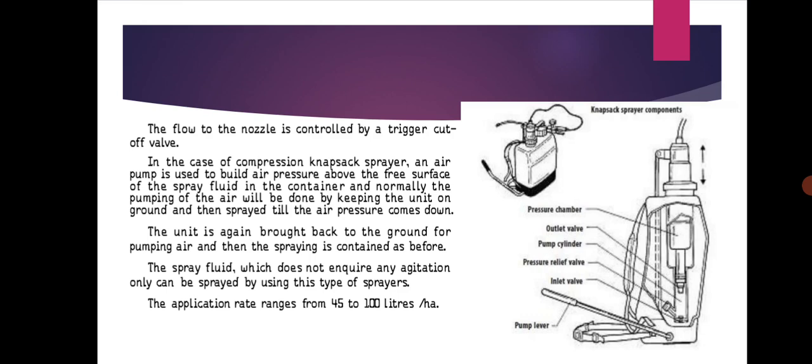The unit is again brought back to the ground for pumping air, and then the spraying is continued as before. Only spray fluid which does not require any agitation can be sprayed using this type of sprayer. The application rate ranges from 45 to 100 liters per hectare.